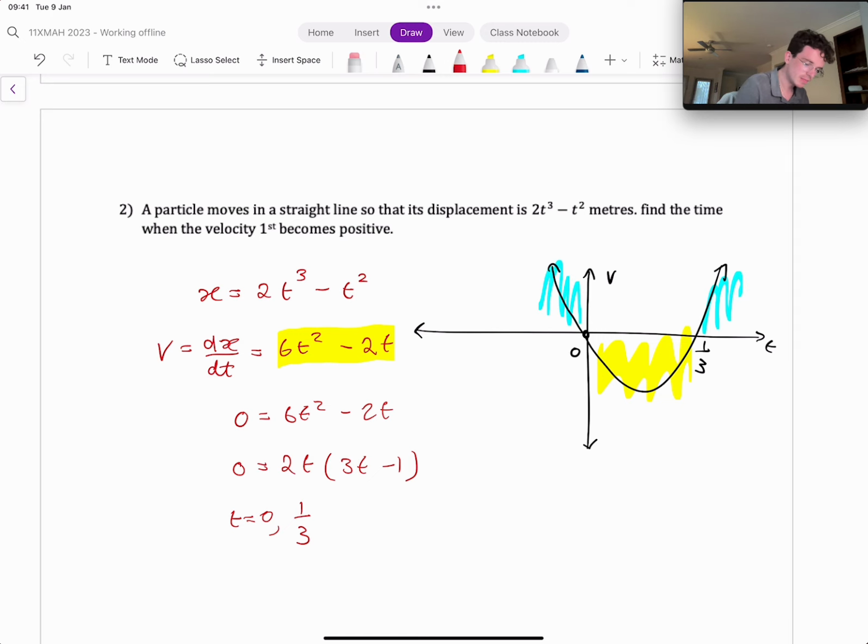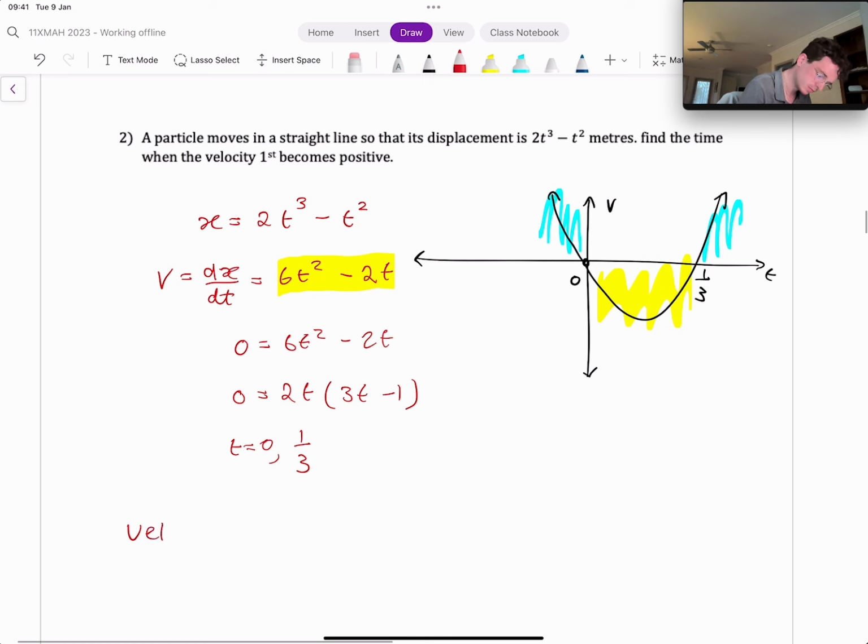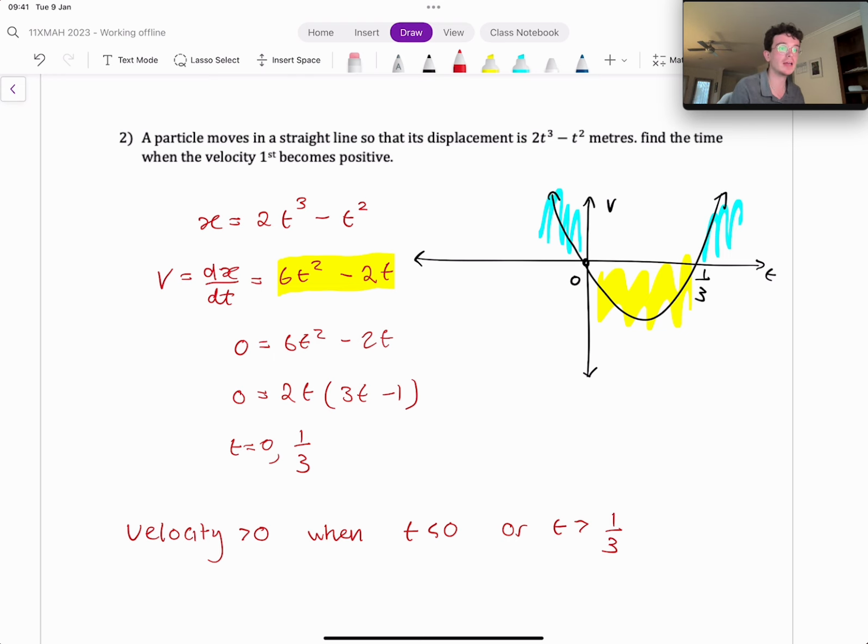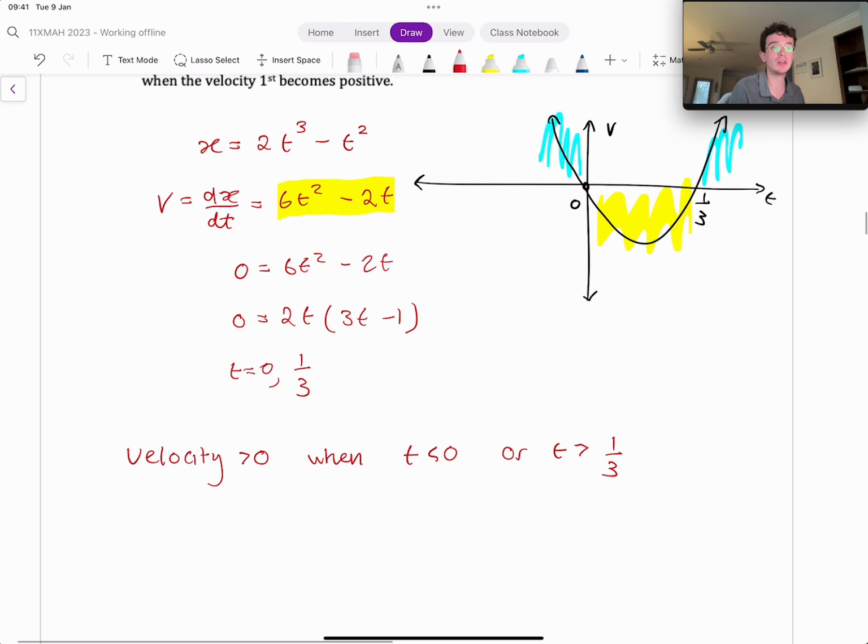So we could say that your velocity is greater than 0 when time is less than 0 or time is greater than 1/3. But importantly, we know that time cannot be less than 0. We can't have negative time. We can't go back in time, at least with current technology.